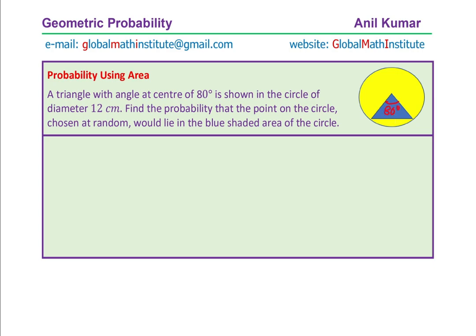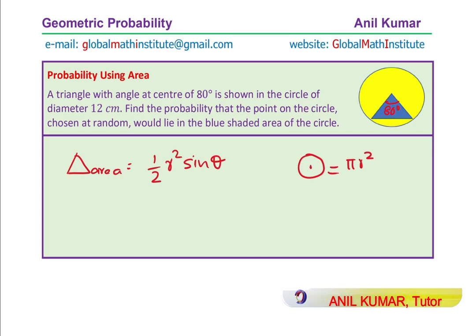You're also given the radius, correct? So you know that the area of the triangle is half of r square sine theta. That helps you calculate the area. And the circle area, you know, is pi r square, not a big deal. You know these formulae, so find the ratio and get your answer.